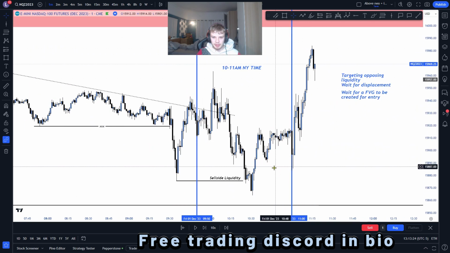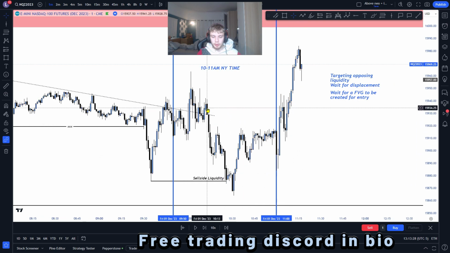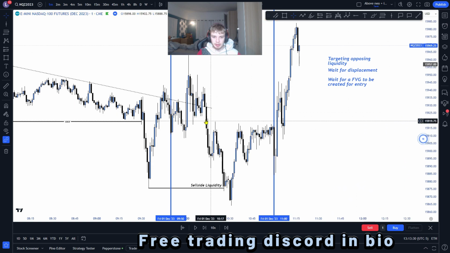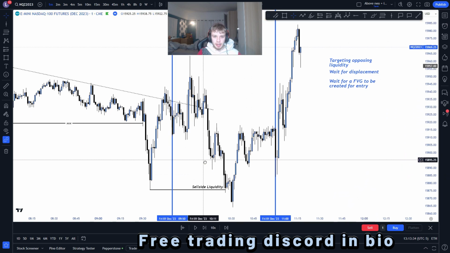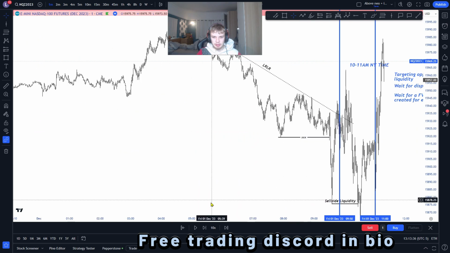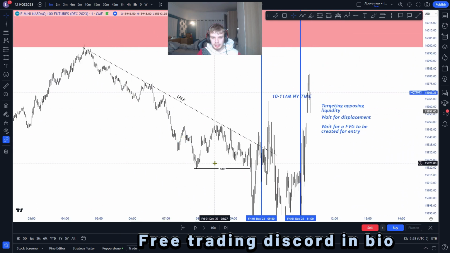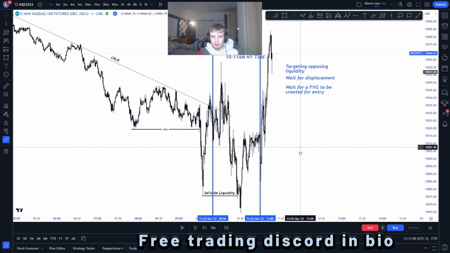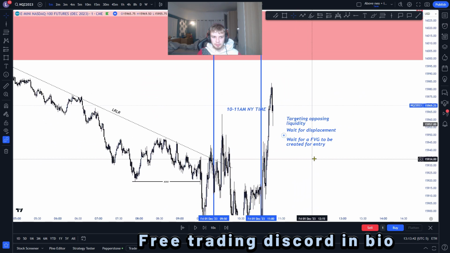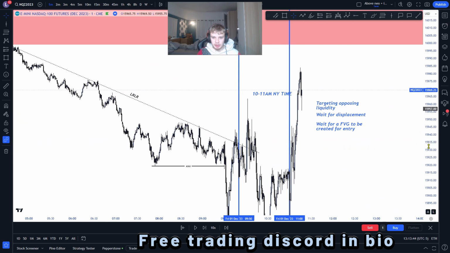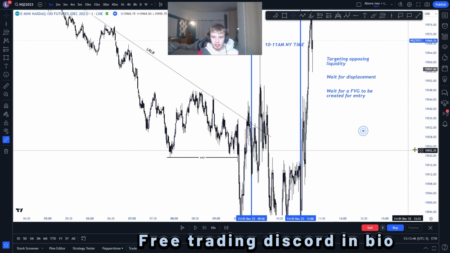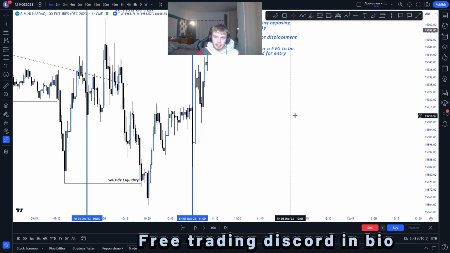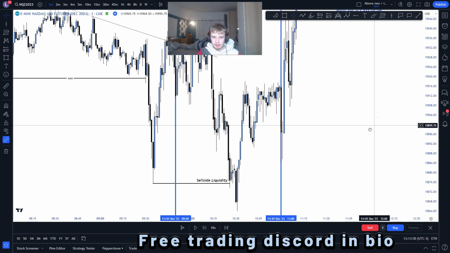Then in this specific example, we will be looking for longs, because as you can see, we have this small downtrend, but price takes some buy side liquidity, but overall we are in a big downtrend. Therefore, my overall target would be buy side liquidity, just because higher time frame, more bullish than bearish right now in this situation.